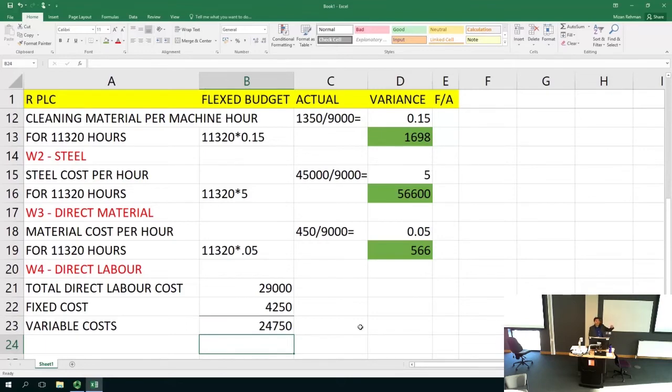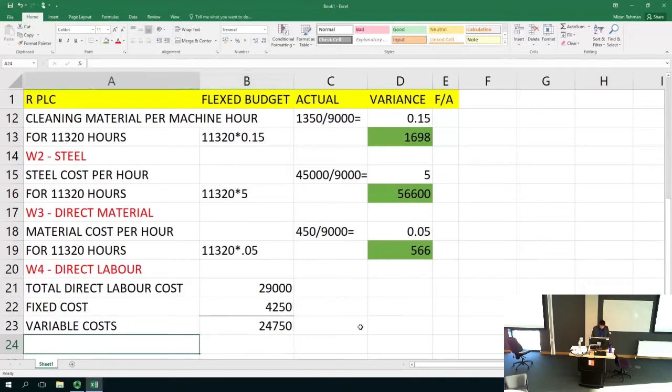When we were preparing our original budget for 9,000 hours, we estimated that the variable cost would be 24,750. All we have to do is revise our budget now to 11,320 hours and get a new figure.